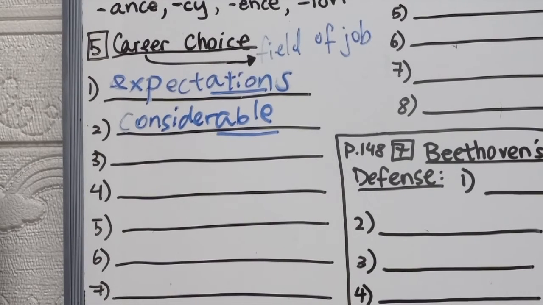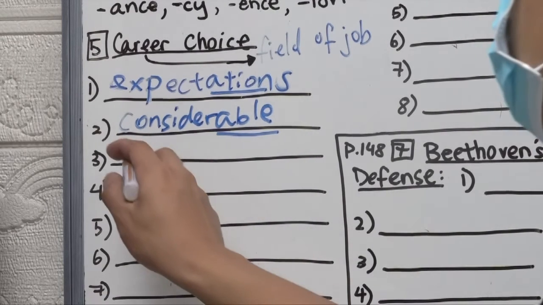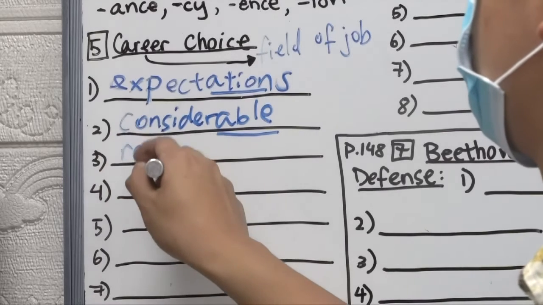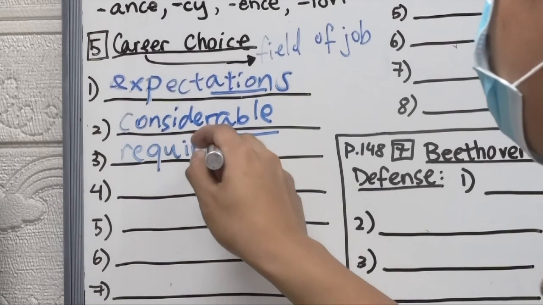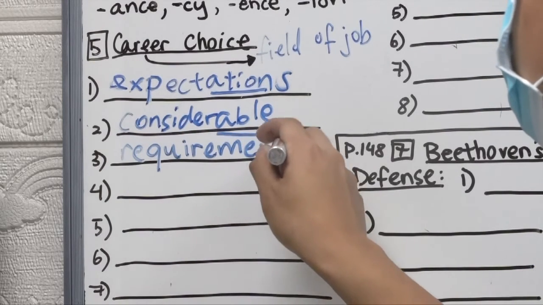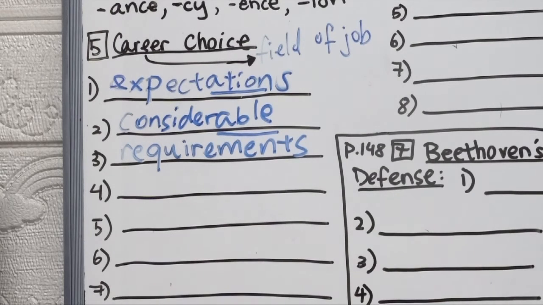Require, nouns into adjectives, right? Requirements. For example, requirements mean how many years of school did you finish? I need at least someone who went to university for 4 years, or someone who at least finished high school or secondary school. So that's a requirement. All right, requirements of the job.